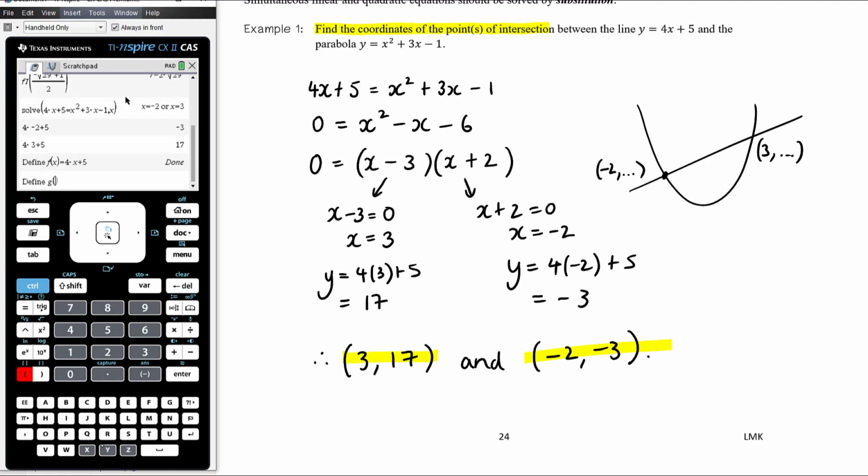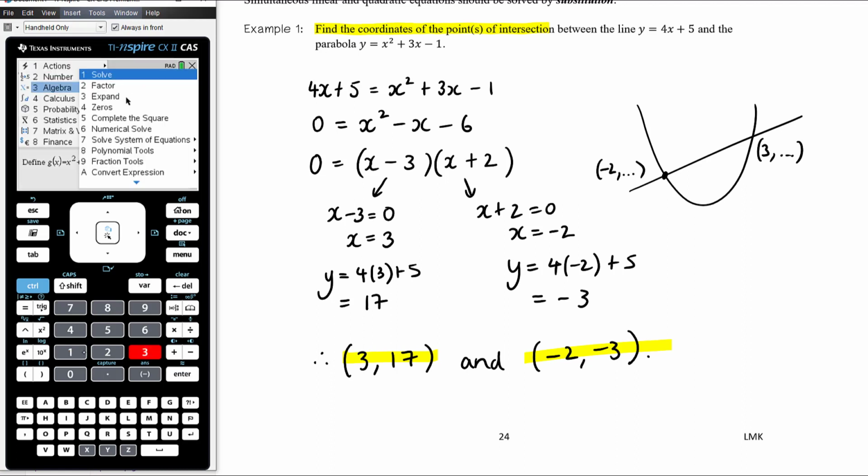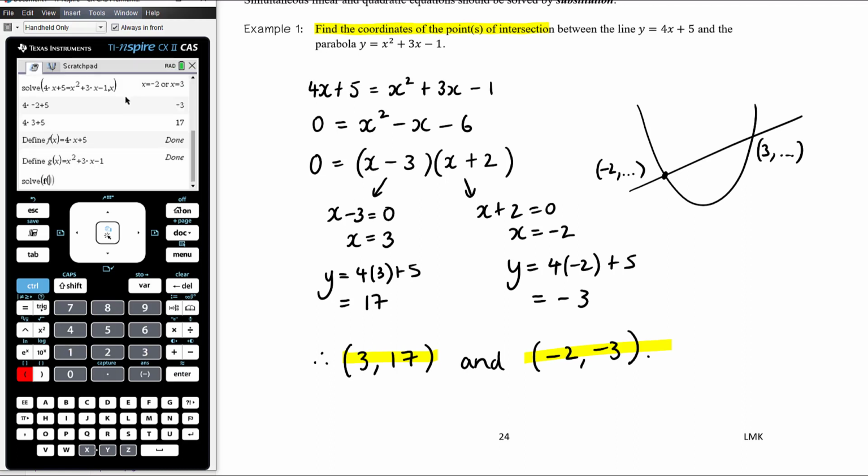Define g of x as x squared plus 3x minus 1. And then solving f of x equal to g of x for x. And then it's quicker and easier to sub back in: f of negative 2 is negative 3 and f of 3 is 17. And there's your 2 points again.